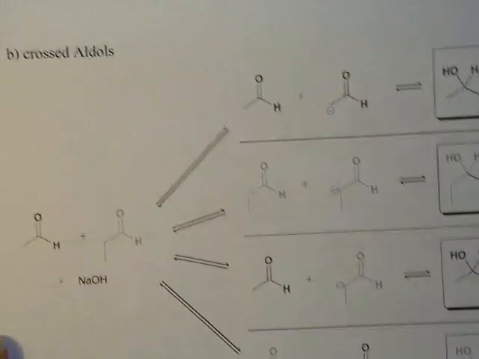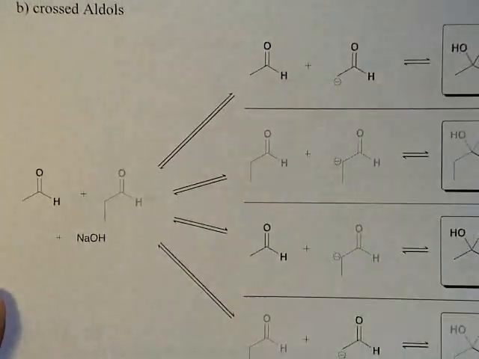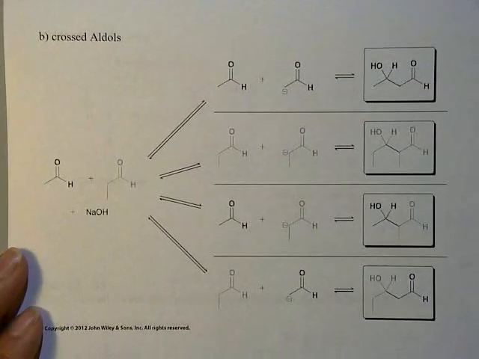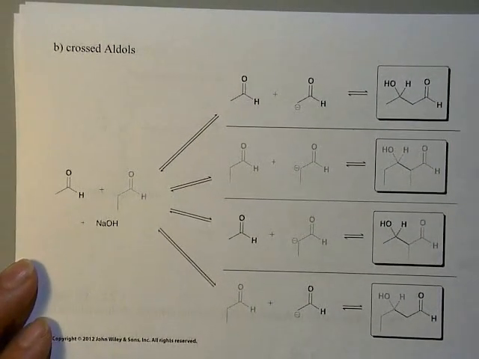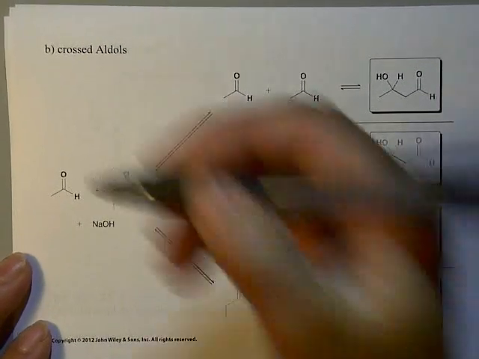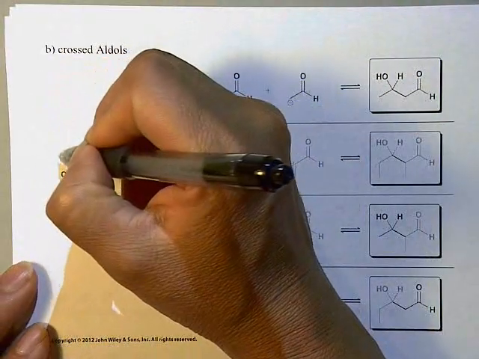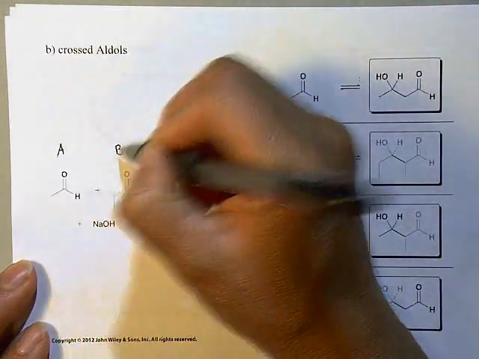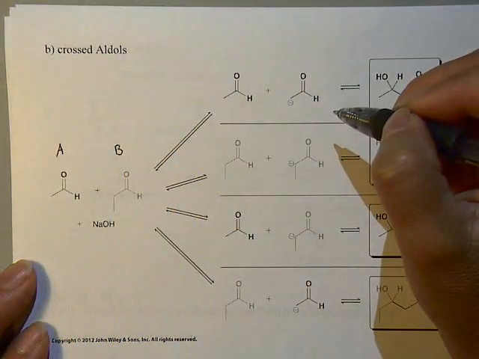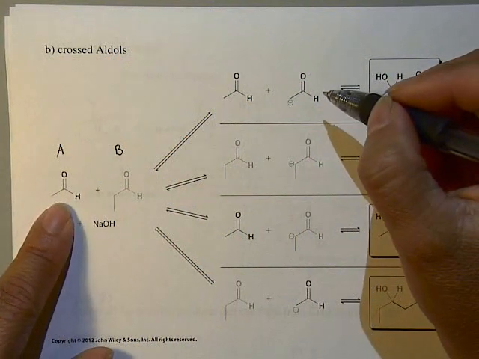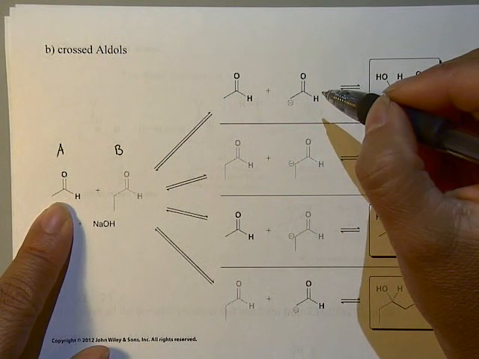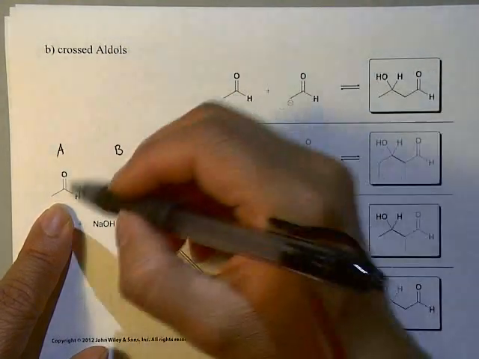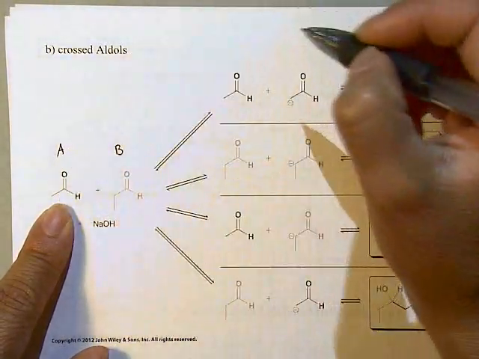So this is directly from your book, showing what would happen if I have aldehyde A with aldehyde B, and I could have aldehyde A be the enolate and react with itself.